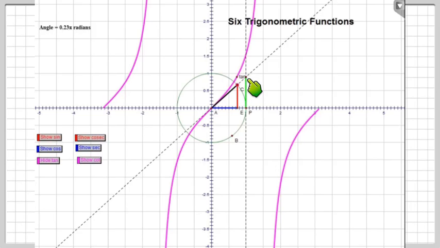Now this ratio of the green line over this distance here, which is 1, being a unit circle, means that this green line gives you a vertical line depiction of the value of tan, because it's the ratio of this line over 1.